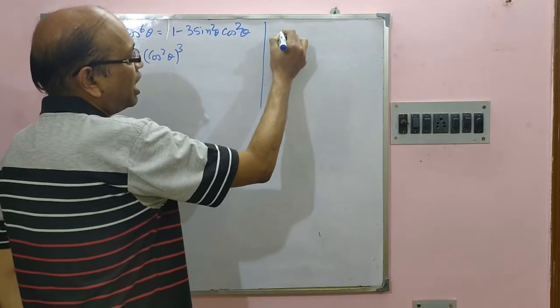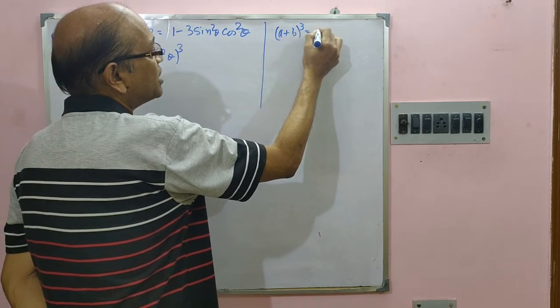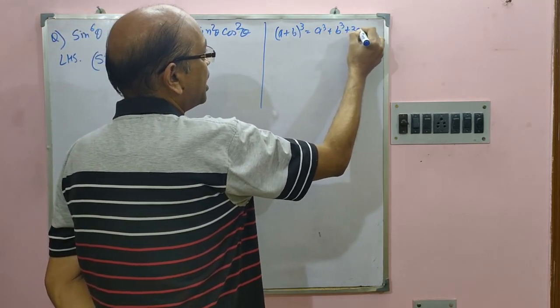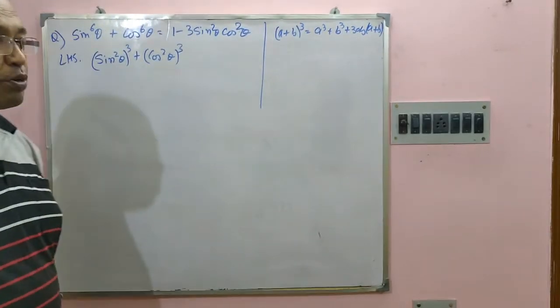Now again we know a formula. A plus b whole cube is a cube plus b cube plus 3ab bracket a plus b. Yes, we know this cubic formula.